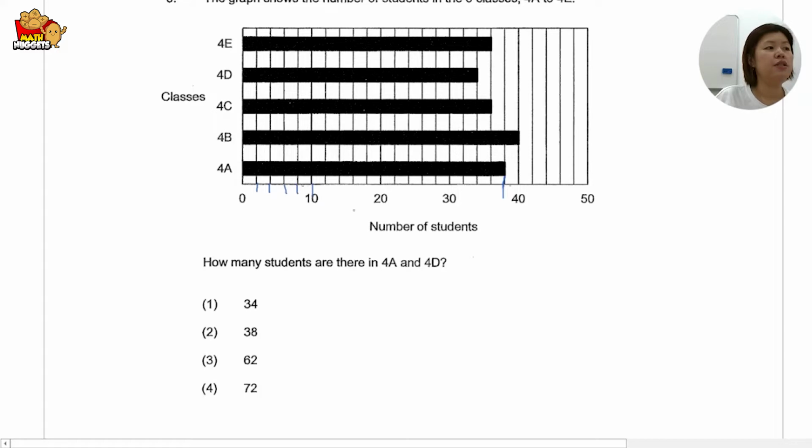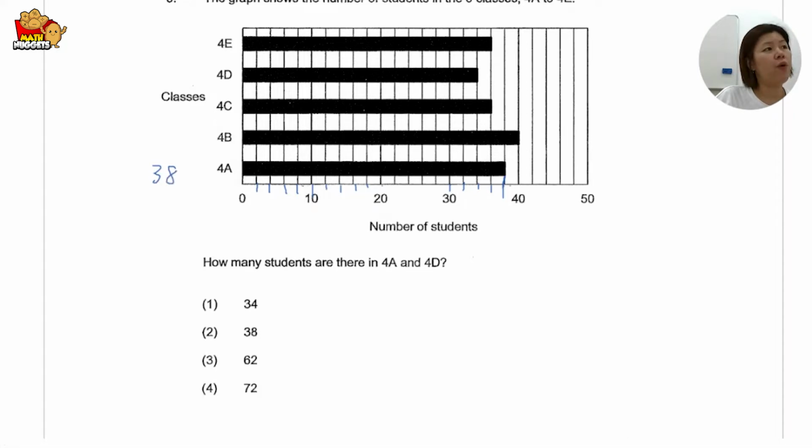Just nice. Double check 12, 14, 16, 18, 20. So each gap is actually 2. So 30 is here. So let's count. This is 32, 34, 36, 38. So my 4A is 38.